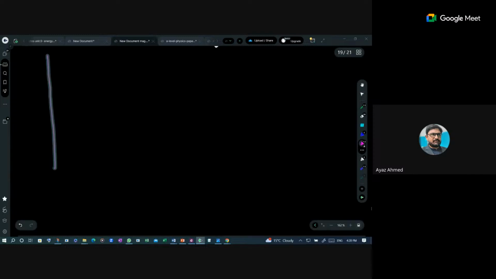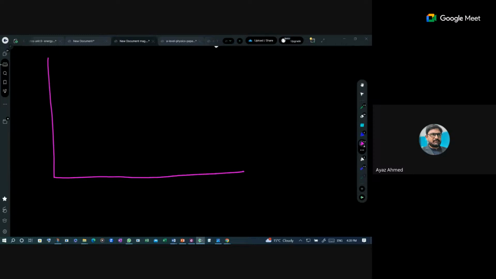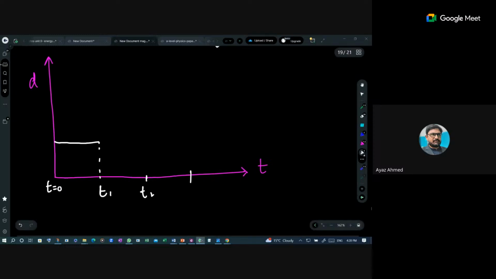I will draw a general graph for distance and time, and then divide it into segments, and let you know which type of motion is observed during which segment. For example, this is time t equals 0, this is t1, t2, t3, and t4.